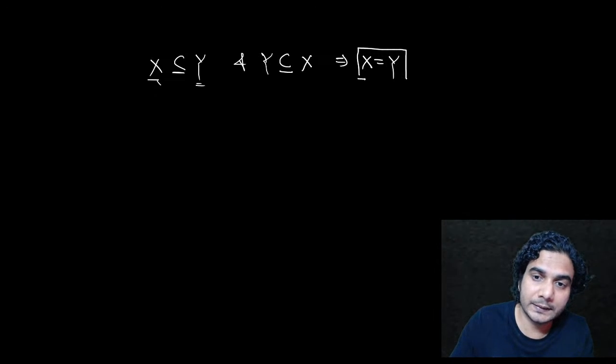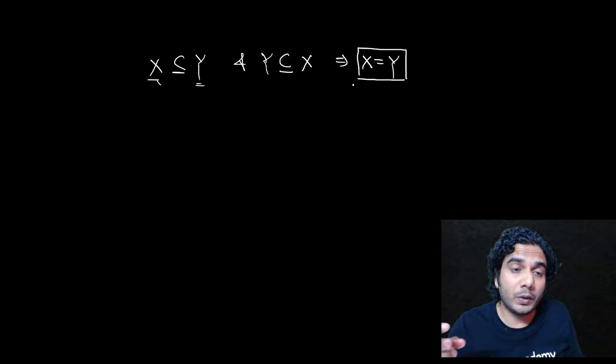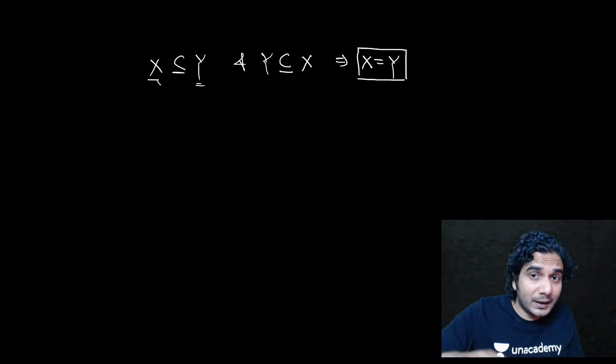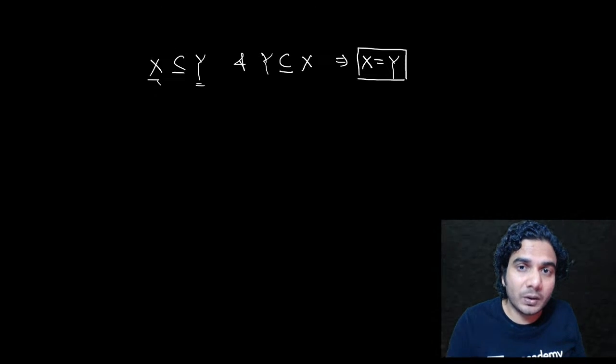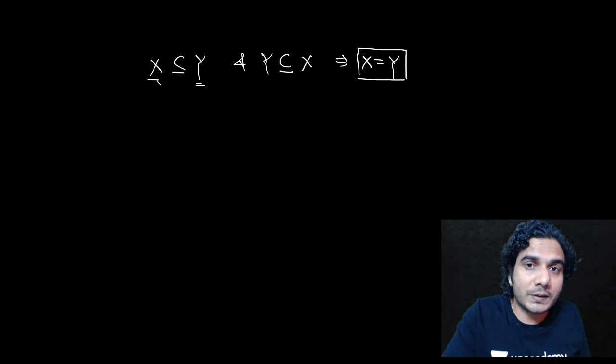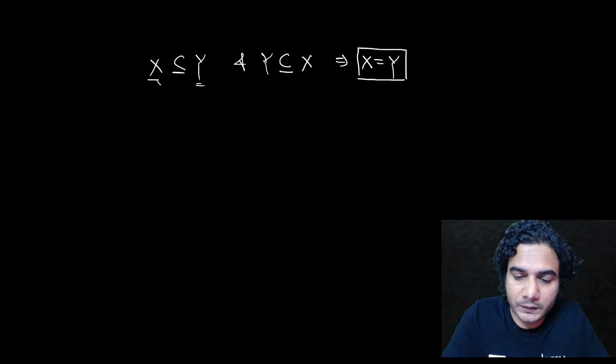Are you understanding this? If we say that all elements of X are in Y and all elements of Y are in X, then this is only possible when X is equal to Y, right? So if you put these two conditions simultaneously, that implies that X is equal to Y. So this was the meaning.